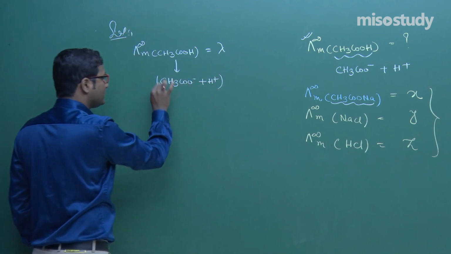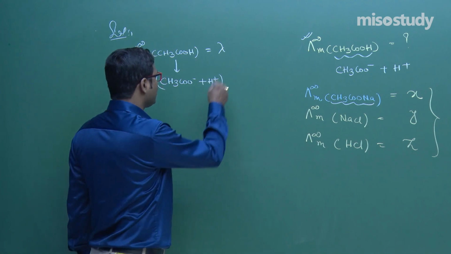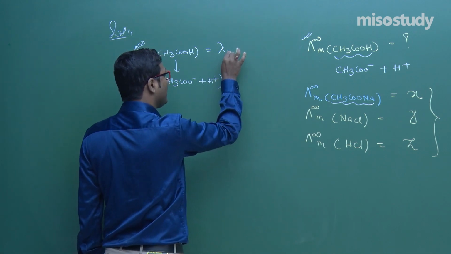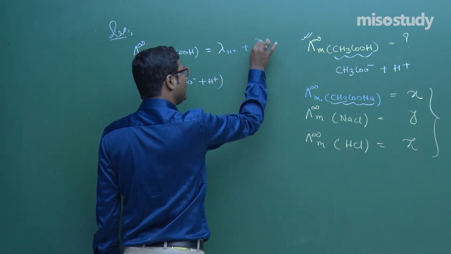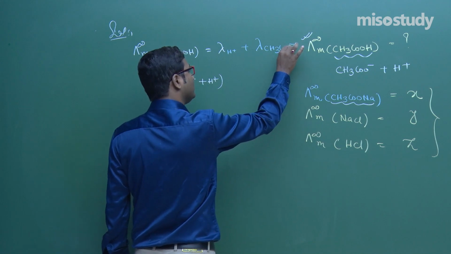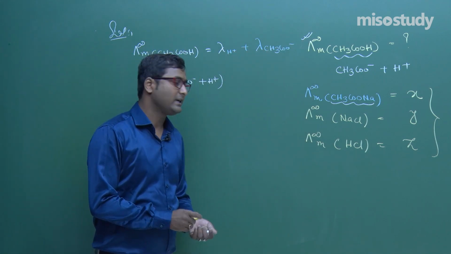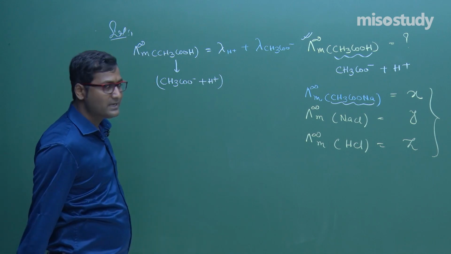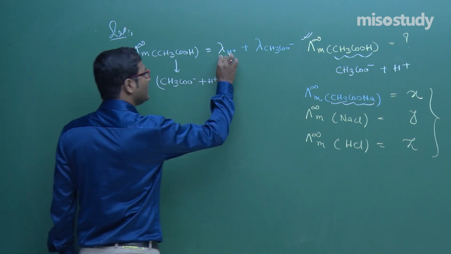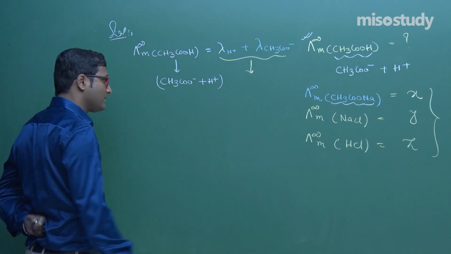Yes, sir. It will dissociate like this. So we will write here lambda H plus and lambda CH3COO minus. That is the ionic conductivity of cation and ionic conductivity of anion. This is the case. We have to reach here. We have to get this data. How to get? Listen carefully.